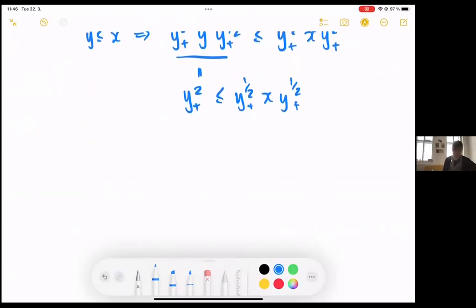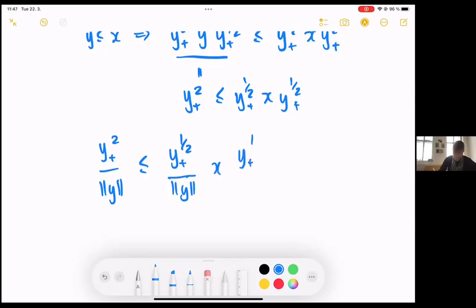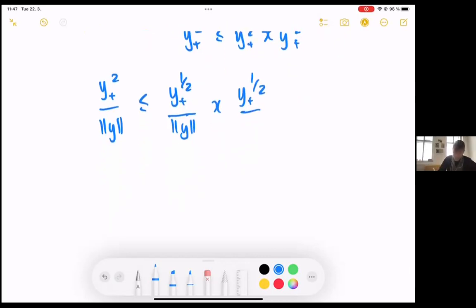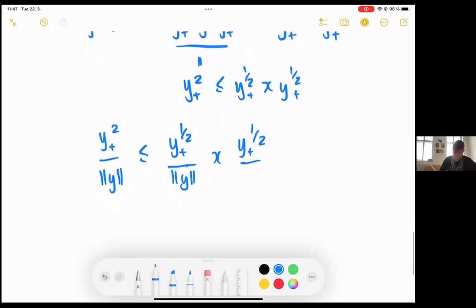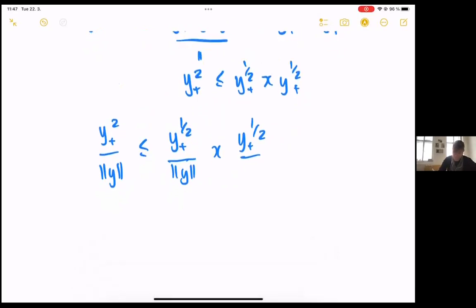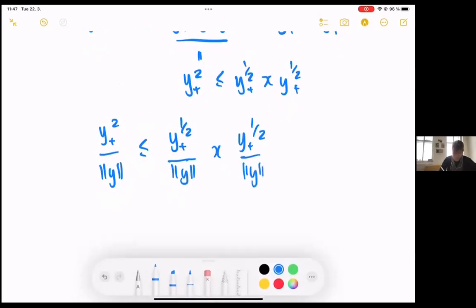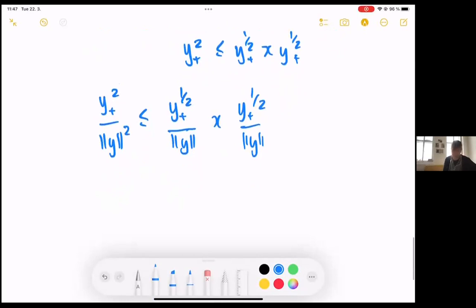Okay, so again, let's now multiply on either side, this time by the norm of Y. I guess we need to square it there.